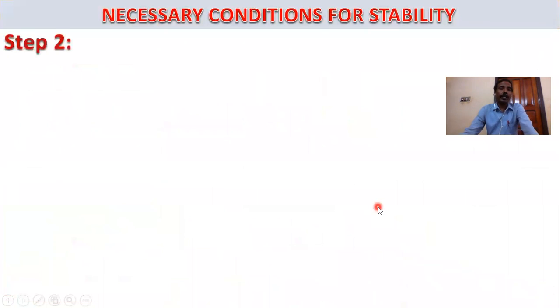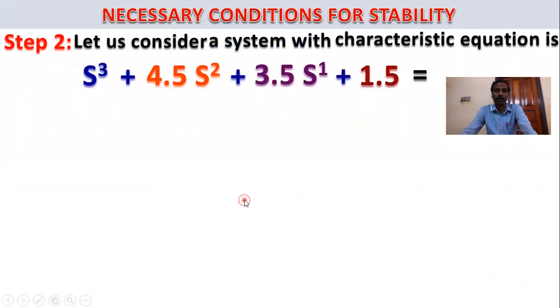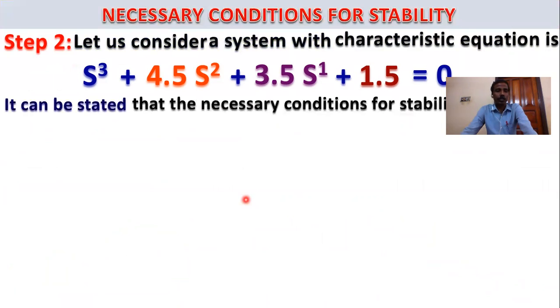So next step, step number 2, necessary condition. What is the necessary condition? Let us consider a system with characteristic equation again, s cube plus 4.5 s square plus 3.5 s to the power 1 plus 1.5 equals to 0.